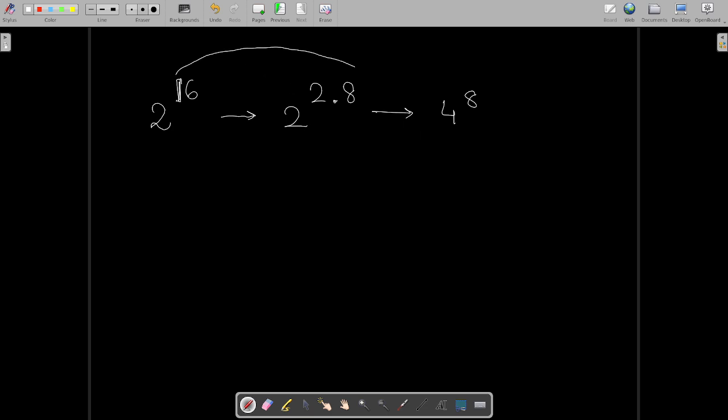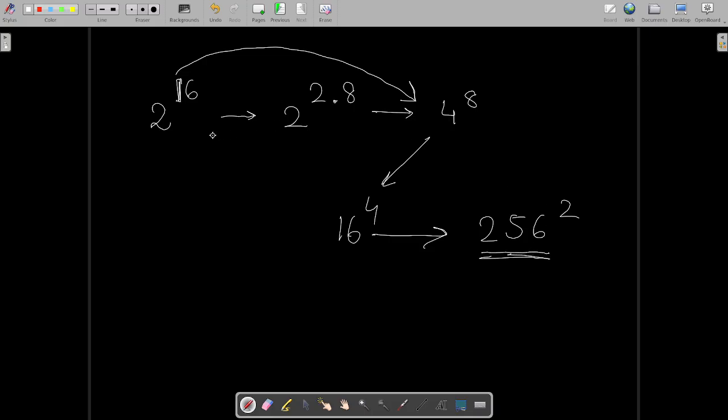Instead of this, why don't you compute this, and again, instead of this, why are you not computing 16 squared? What's 16 squared? 256. So instead of this, why are you not computing 256 squared? And basically you can just compute this.